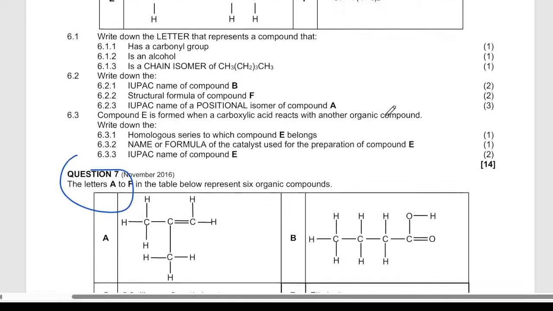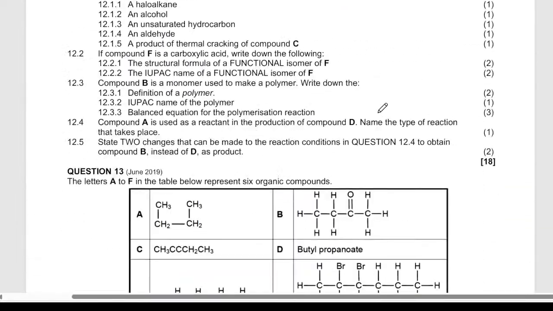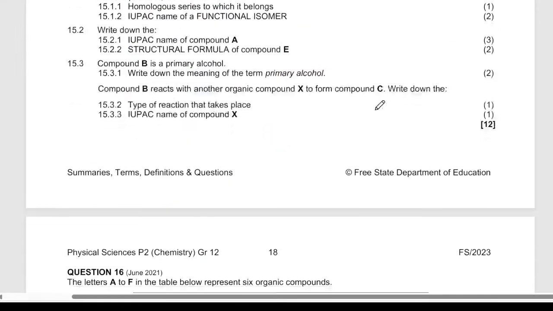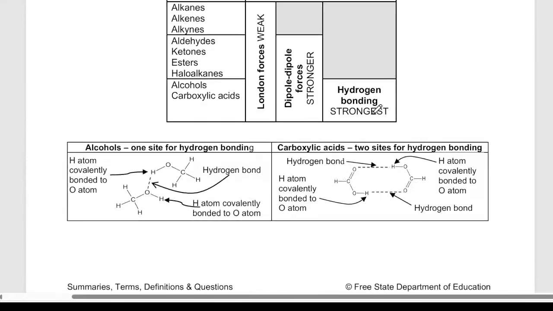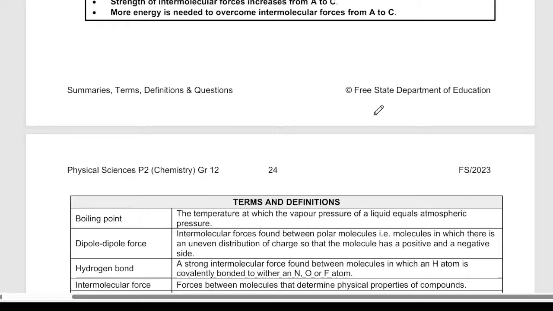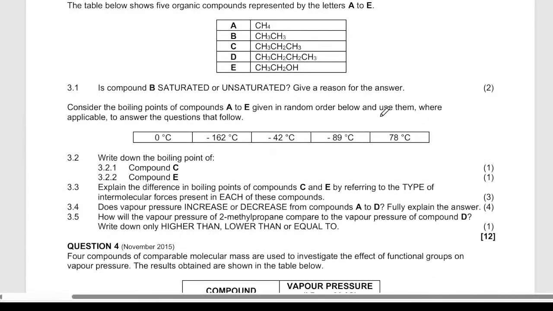So, this part of organic, I think we are done with it. The next part of organic, I think I should talk about the last part. I might not talk about it today, but I'm going to give you questions to practice so that when I come back, you can do them. These physical properties. Then the moment we finish physical properties, we get the next topic.